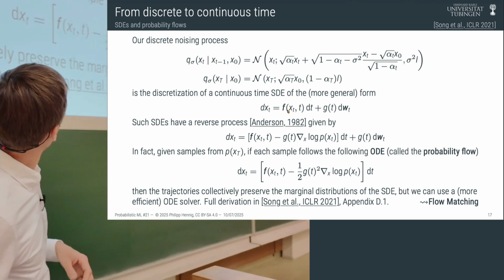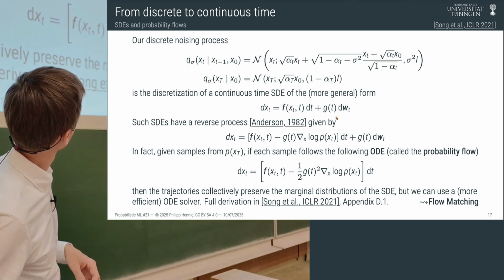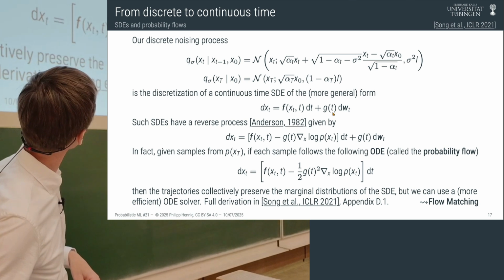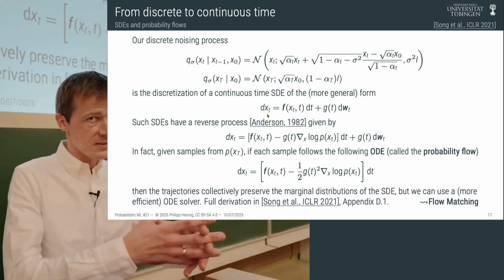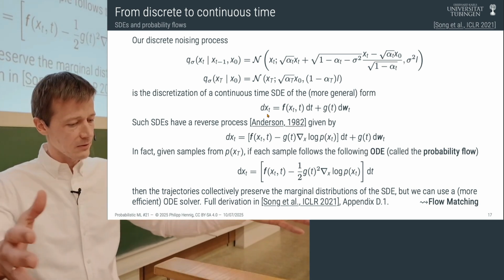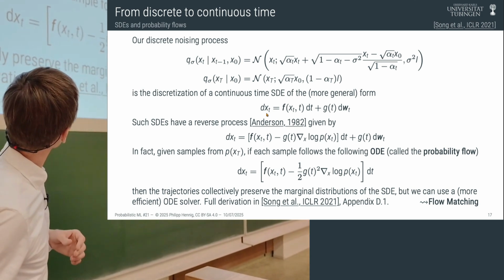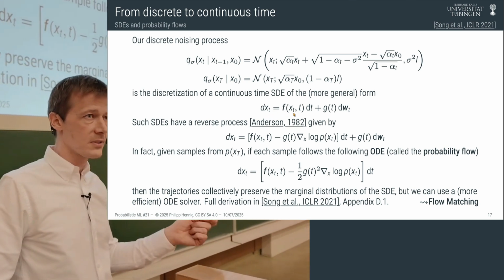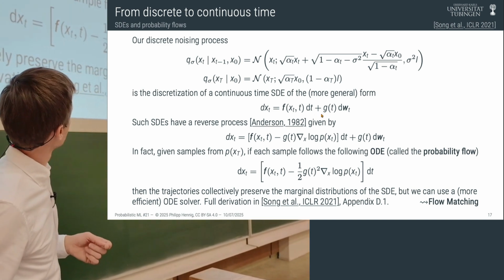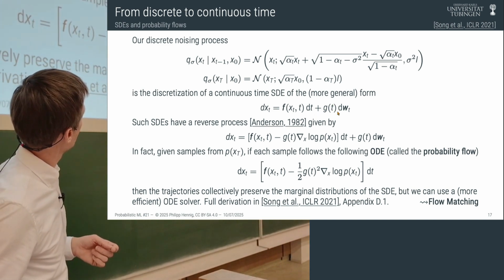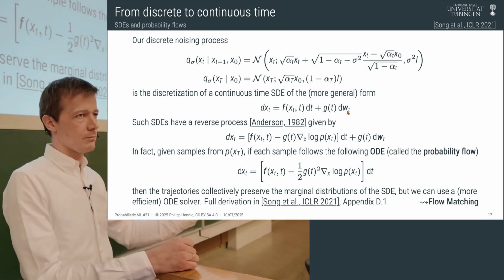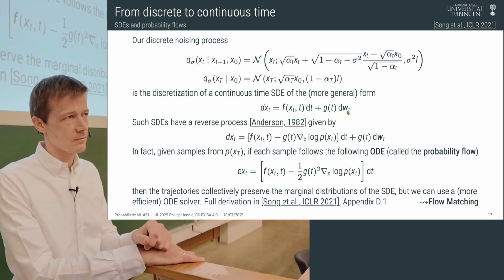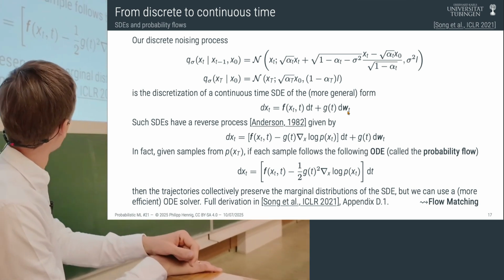So there is a nonlinear f in front and a nonlinear g. You see that there's a few bold symbols here. So what this means is this x is a set of pixels, right? It's a vector. And that vector changes according to a vector-valued function continuously across time, plus a scalar function times vector-valued Brownian noise. So Wiener measure.